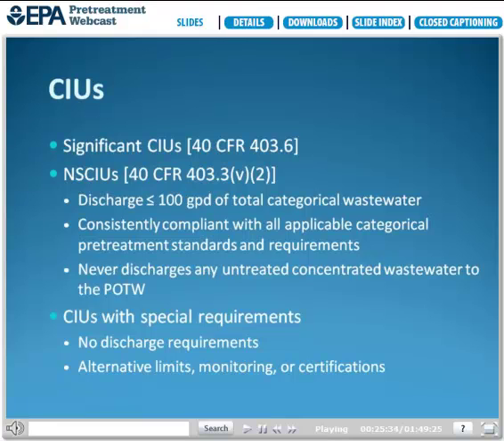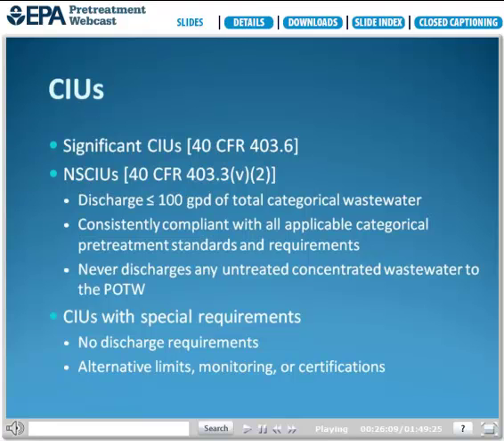They have to be very small discharges, less than 100 gallons per day, and have a compliance history that says they have been consistently in compliance with all applicable categorical pretreatment standards. They also must never discharge any untreated concentrated wastewater to the POTW. There are also some categories or some groups of the categorical industrial users that actually have a limit that says no discharge. And so you need to be aware of those too.